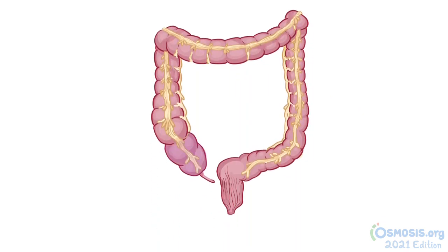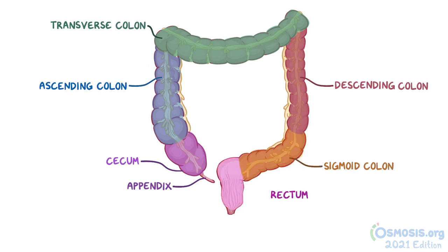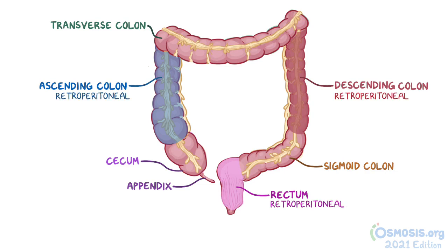Alright, as a quick recap, the large intestine consists of the cecum, appendix, ascending, transverse, descending, and sigmoid colon, and the rectum and anal canal. The ascending and descending colon and the rectum are retroperitoneal, while the cecum, transverse, and sigmoid colon are intraperitoneal.